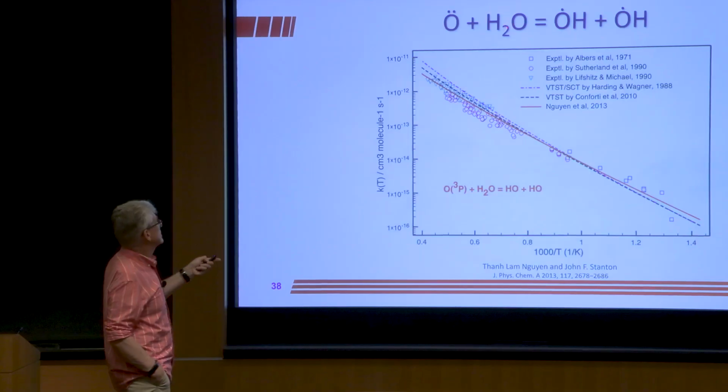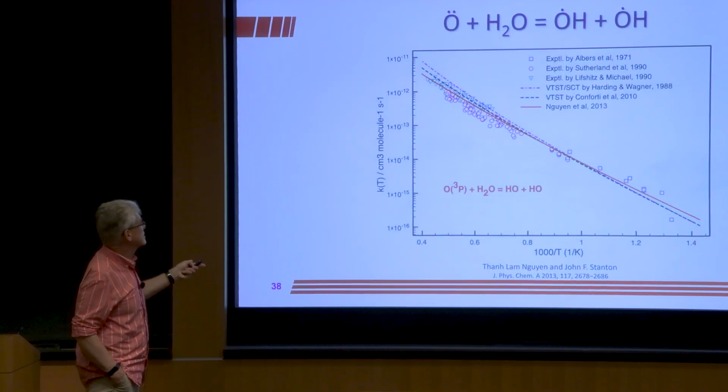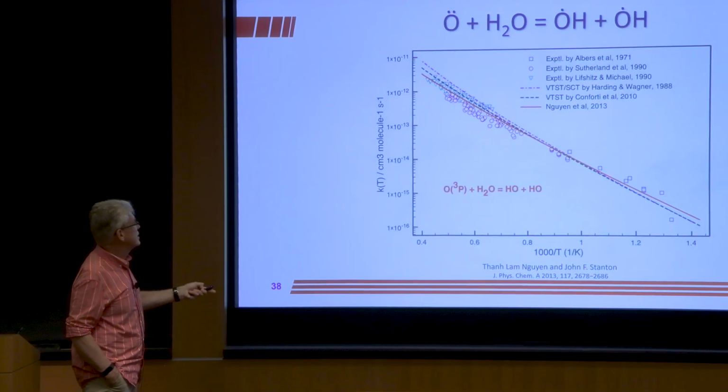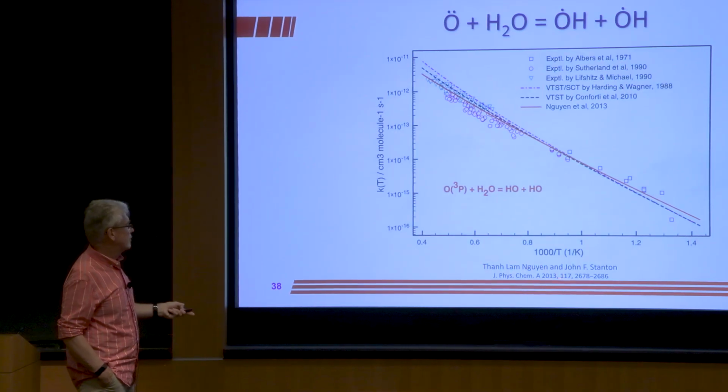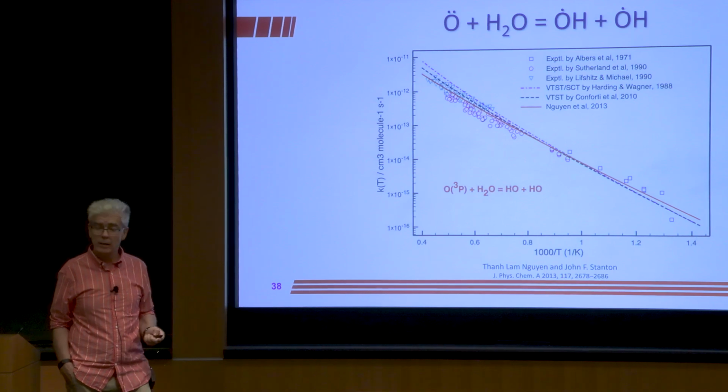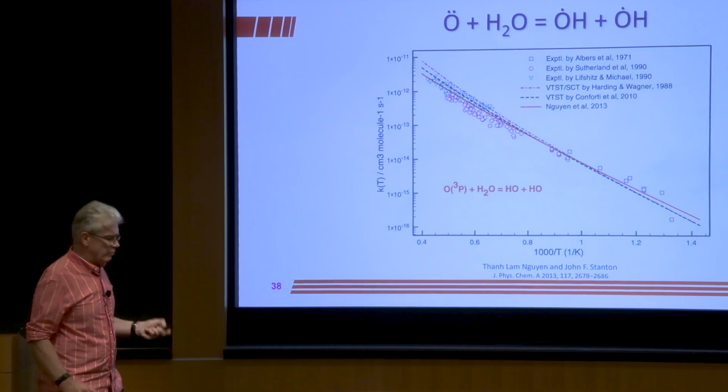Another one, O plus water giving 2 OH radicals. We're using this red line fit to this rate constant. And that comes from Tan Lam Nguyen and John Stanton from 2013, right? So, but what's the theme?